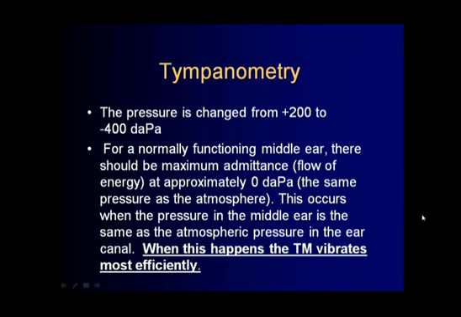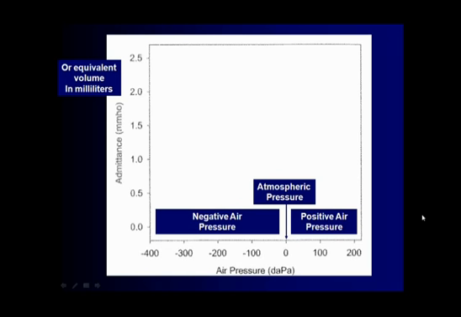This occurs when the pressure in the middle ear is the same as the atmospheric pressure in the ear canal. When this happens, the TM should vibrate most efficiently in a healthy auditory system.